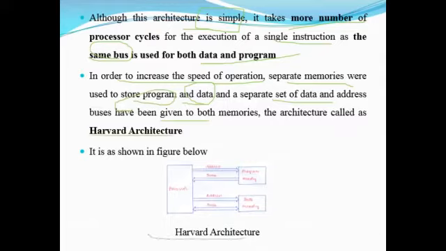So we can see the Harvard architecture structure, wherein the processor has two different memories. Here there is no need of sharing the address or data bus. For program memory we can have address and data access. Similarly, the data memory can access the address and the data as well.